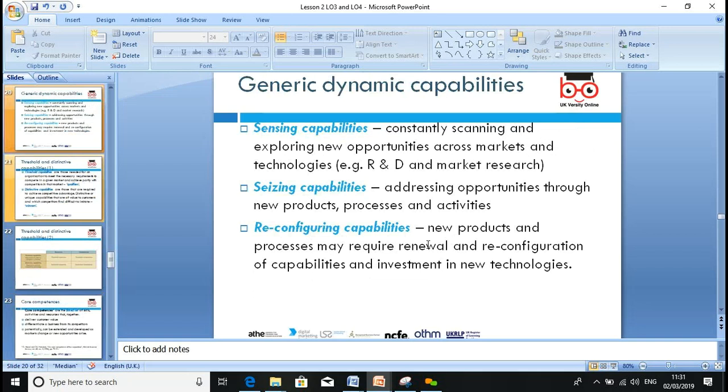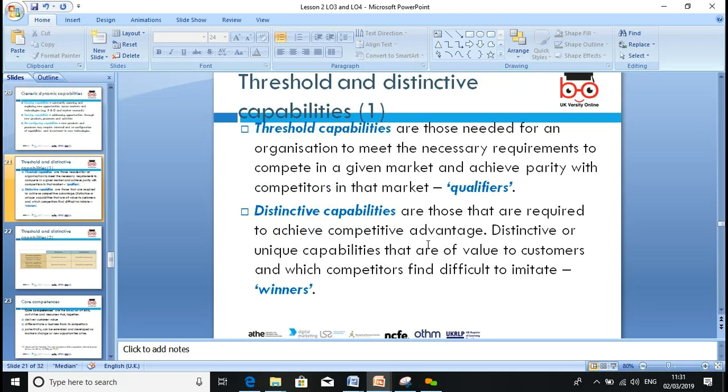Generic capabilities: sensing, where we constantly scan and explore new opportunities across markets and technology. We need to address the opportunities through new product processes if we want to implement effectively and sustainably in our organization. Then reconfiguration of the capabilities, new products and new models.